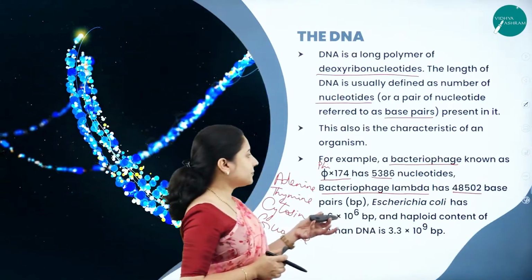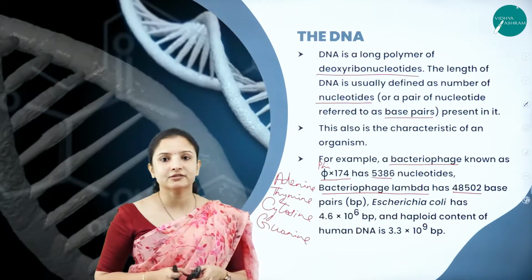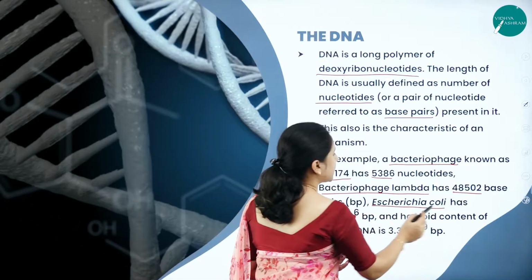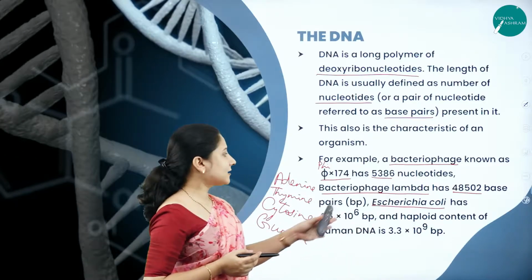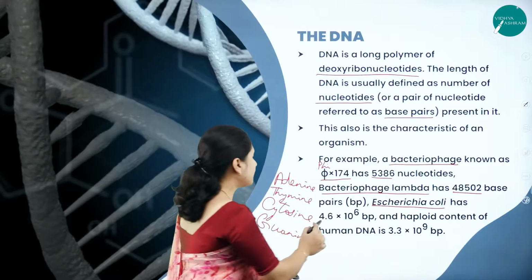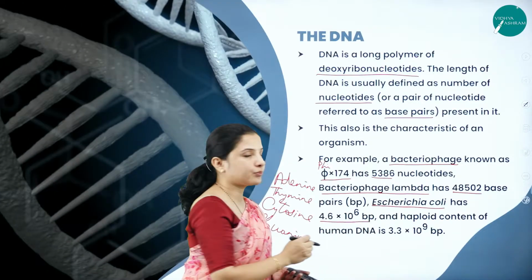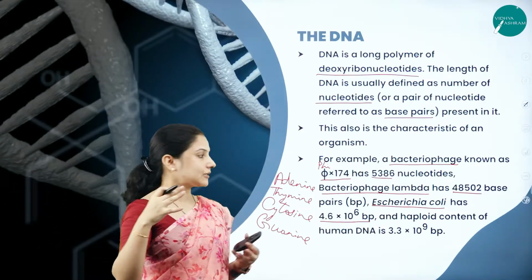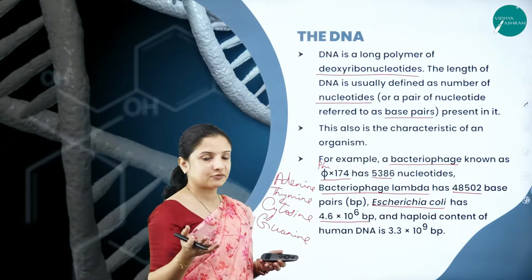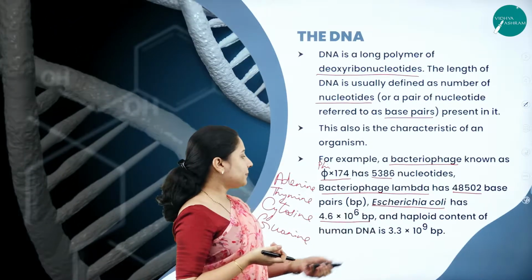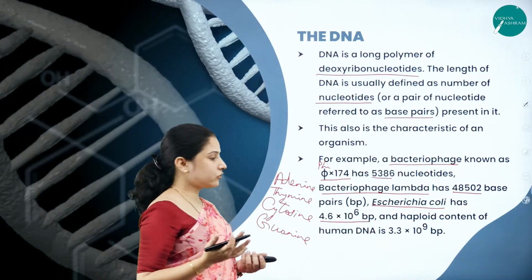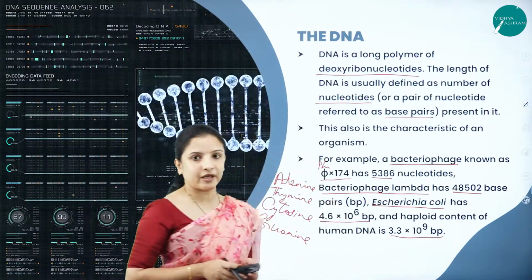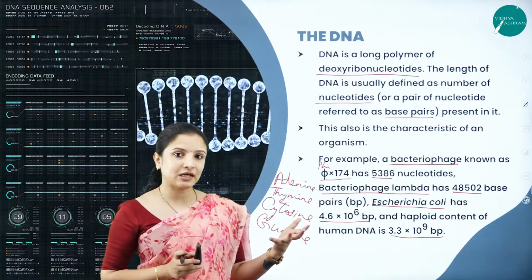And say for example, Escherichia coli. What is this Escherichia coli? It is also a bacterium, E. coli, which is present in the intestine, and it has 4.6 into 10 to the power 6 base pairs. And the haploid content of human DNA is 3.3 into 10 to the power 9 base pairs. So what did we understand from this?